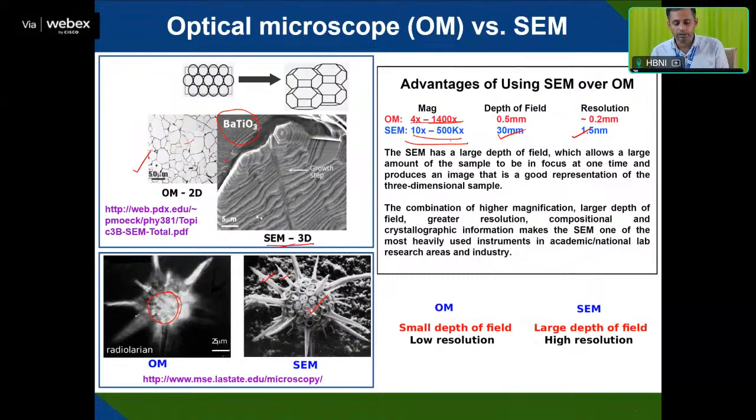With higher magnification, large depth of field, and greater resolution, you can find compositional and crystallography information. The optical microscope has a small depth of field and low resolution, but in SEM you achieve a large depth of field and high resolution.